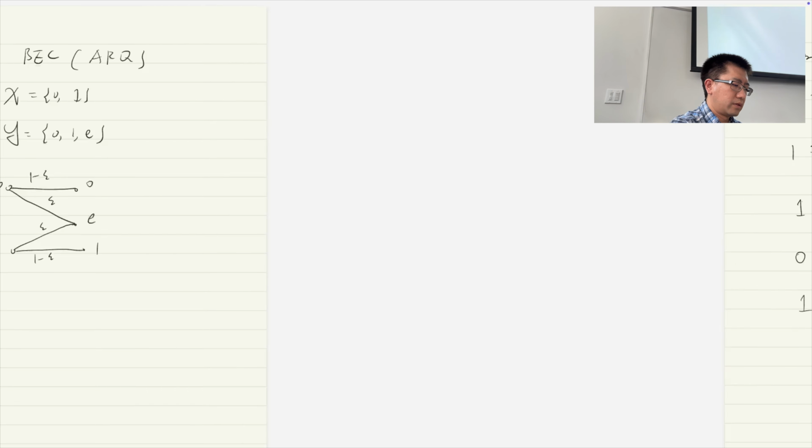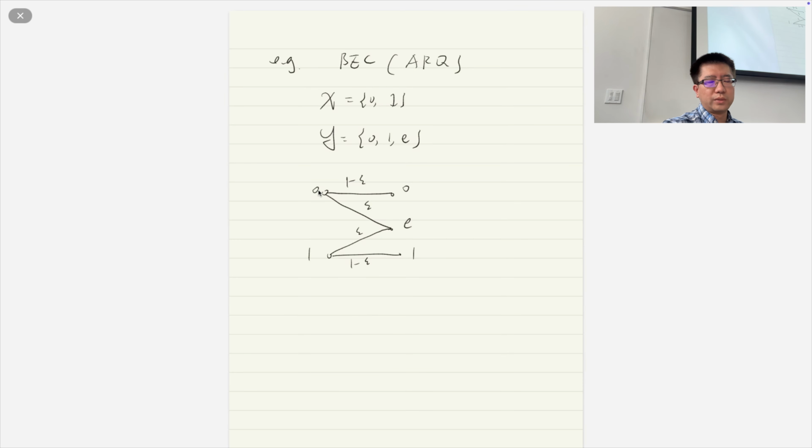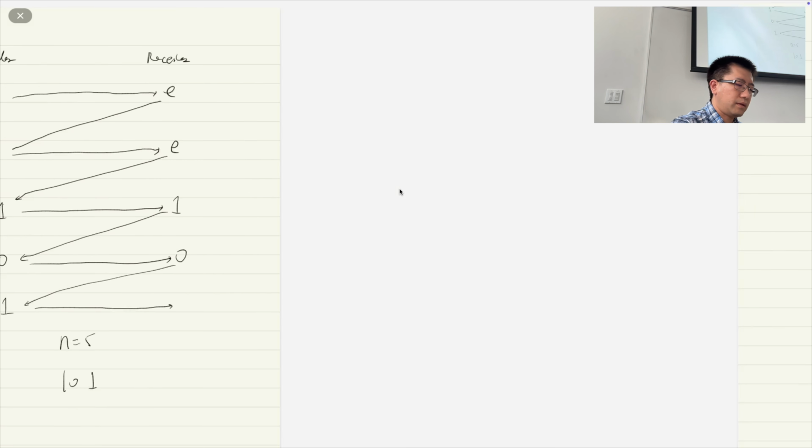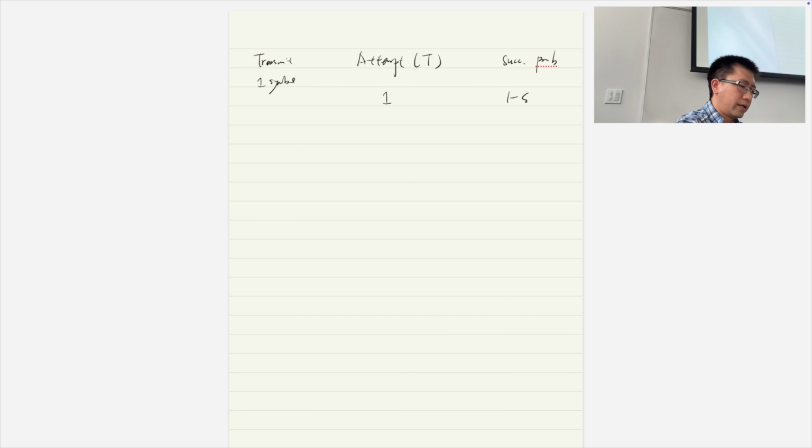Right, remember, this is what we're working on, right? So if we transmit something, then the success probability is 1 minus epsilon. Right, 1 minus epsilon. So this is the success probability if we just use one symbol, right? And then if I transmit 2 symbols, what's the success probability? The first time has to fail, and the second time succeed, right?